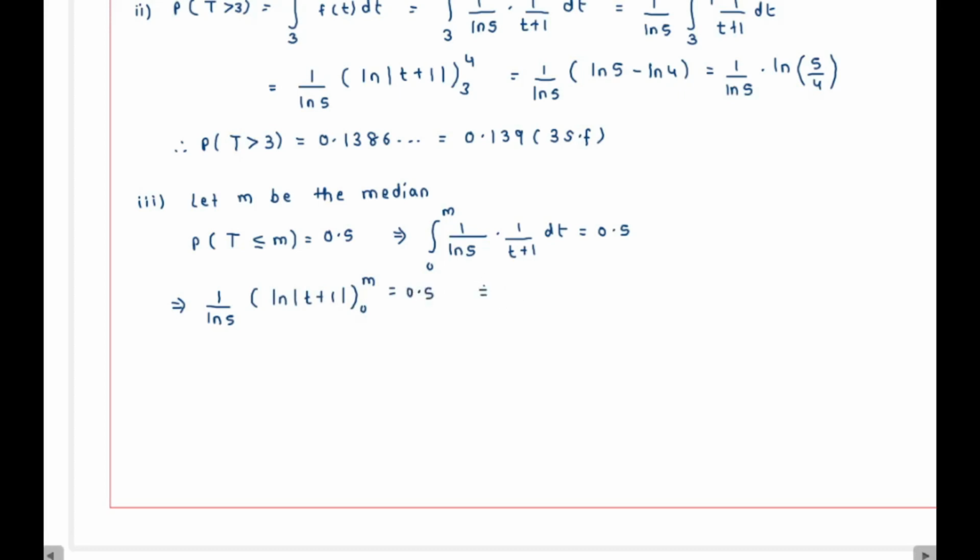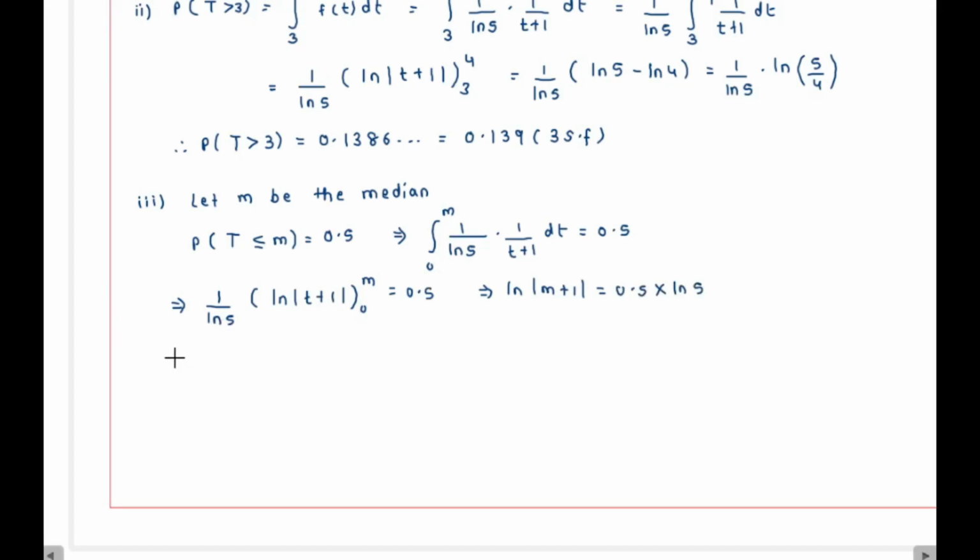So from this what do I get? If I put this M here, I get ln of mod of M plus 1 minus, if I put 0 here, ln of 1, and ln of 1 is 0. So this is equal to 0.5, and ln 5 I can take on the other side, so this becomes 0.5 into ln 5, correct?